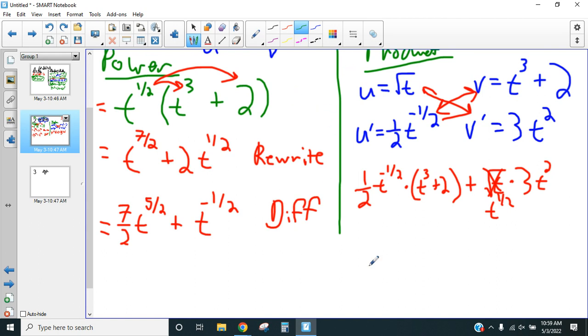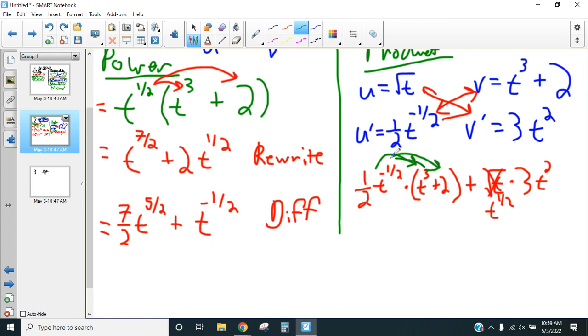Whew. Now what? Yeah, let's multiply here and let's distribute over here. So we got to distribute some stuff right there. 1/2 t to the negative 1/2 times t to the 3rd, right?